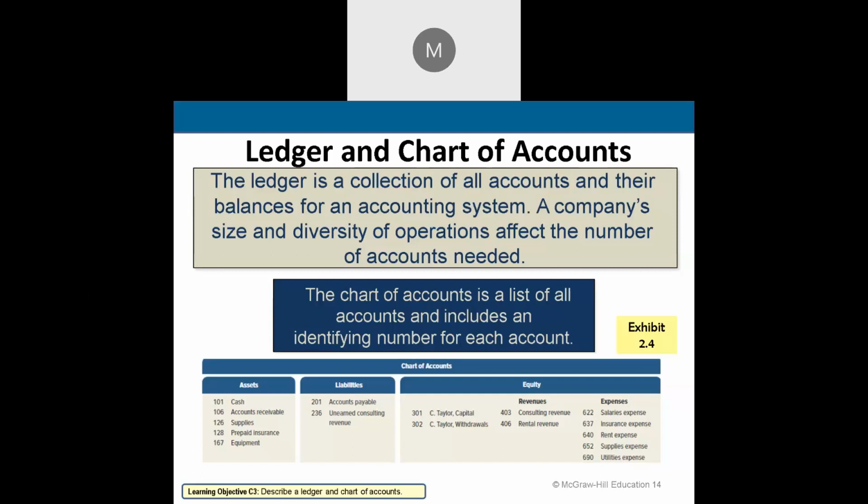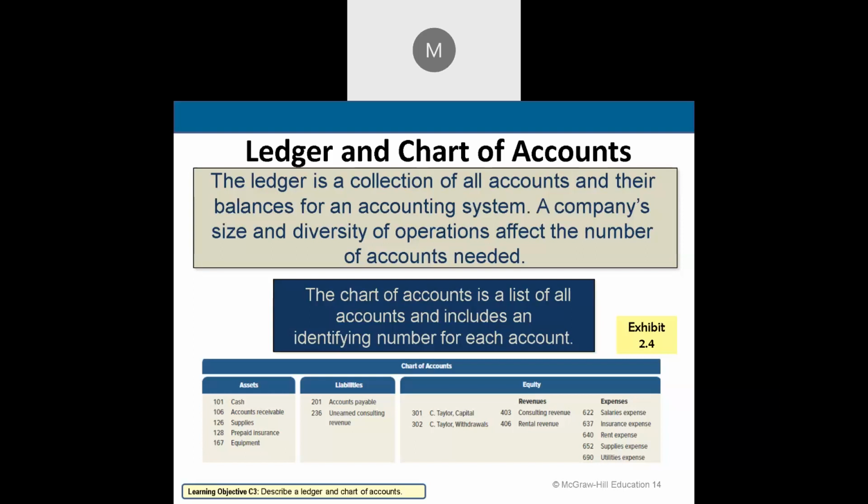You'll notice a small 3-digit number next to the account name. That number signifies its position in the list of the chart of accounts. You'll notice all the assets start with a 1. All the liabilities start with a 2.